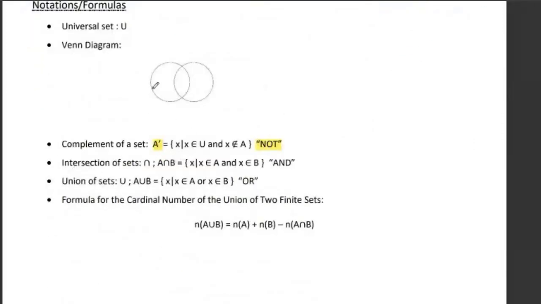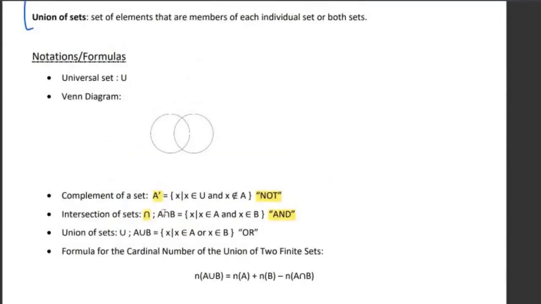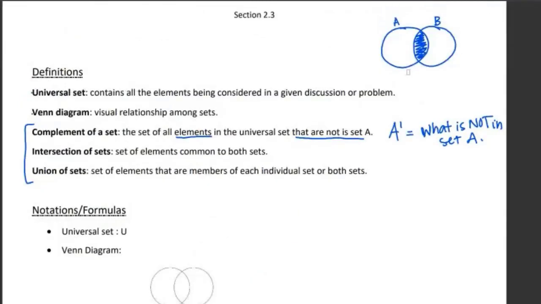And intersection of sets is represented with this upside down U symbol, and it is also represented with the word and, because if we're looking at sets A and B, it's this middle part where the elements are in A and B.